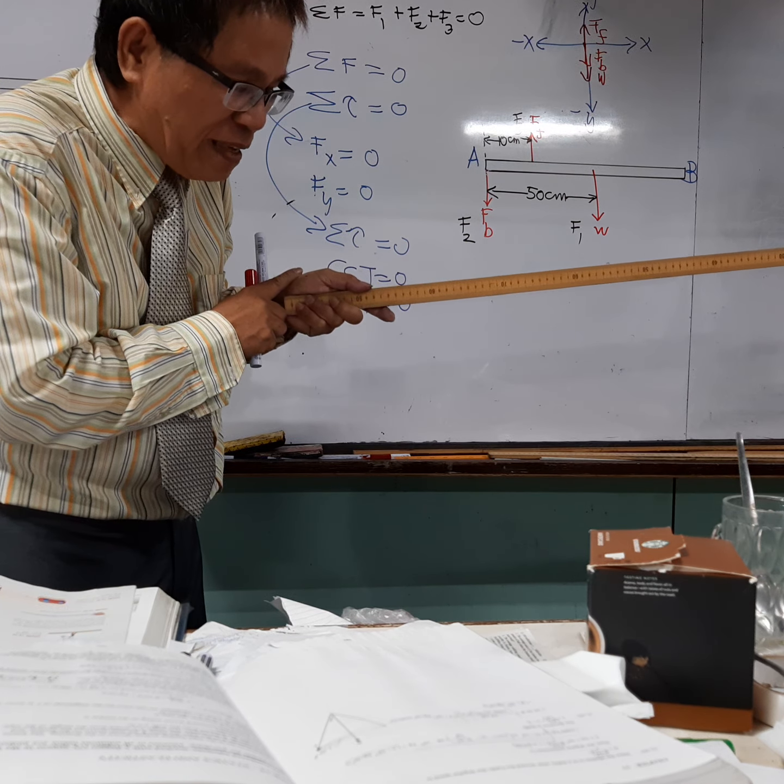So this one, F2, is right at the axis. We don't have any problem. There is no clockwise, there is no counterclockwise rotation. But this one will be positive.